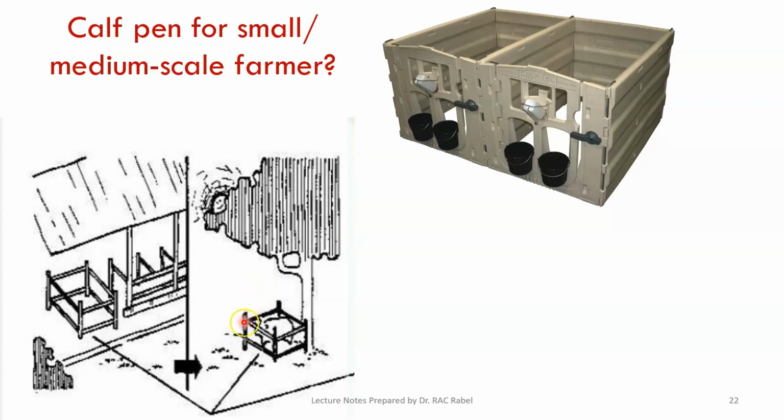So as long as you use your common sense, right, and go with those fundamentals, you're fine. You don't have to have a posh calf pen like this, or even the one that I showed earlier with the dimensions, right?